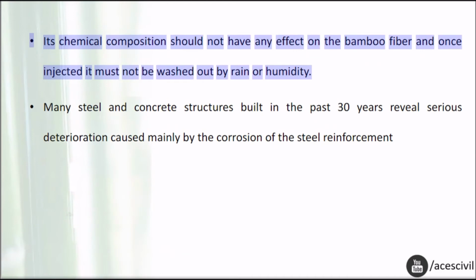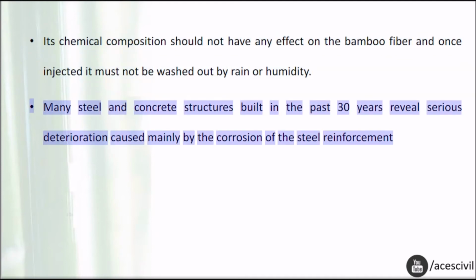Its chemical composition should not have any effect on the bamboo fiber, and once injected it must not be washed out by rain or humidity. Many steel and concrete structures built in the past 30 years reveal serious deterioration caused mainly by the corrosion of the steel reinforcement.